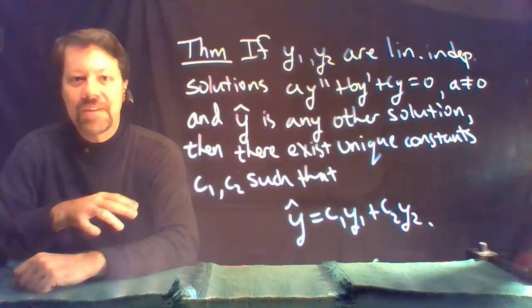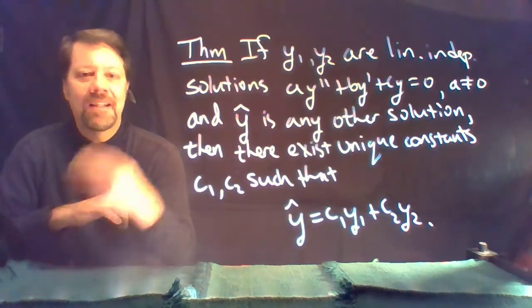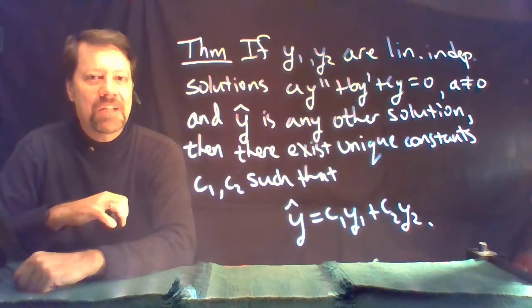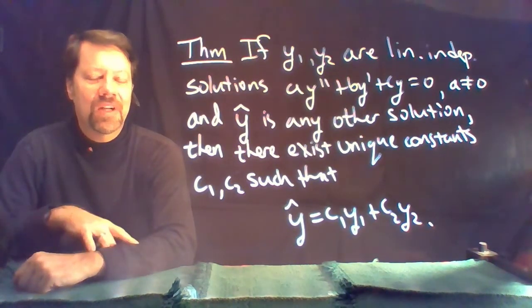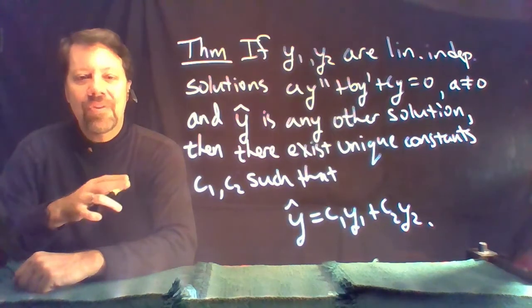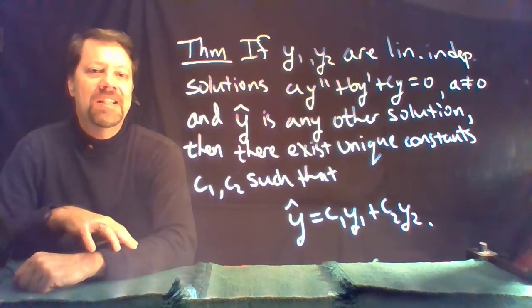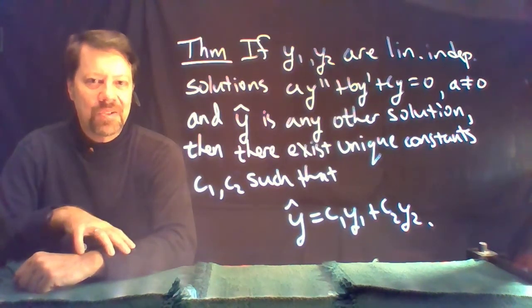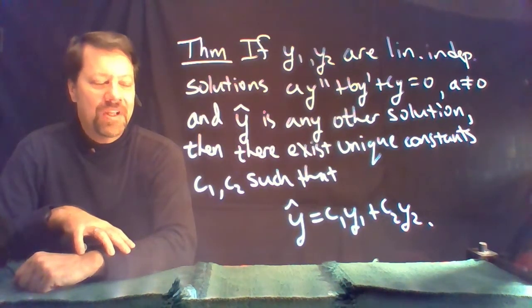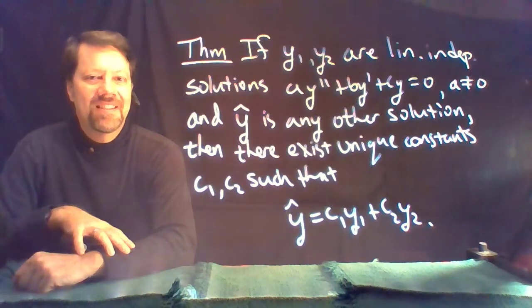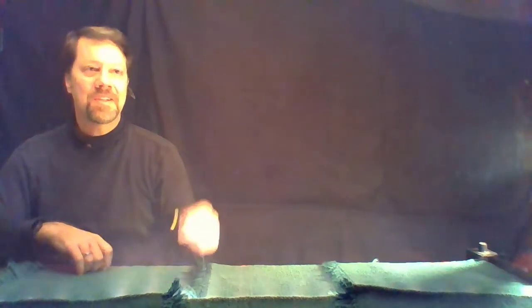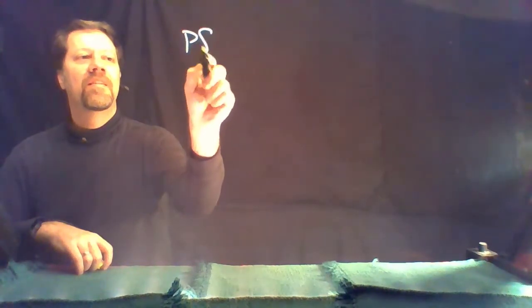More generally, if this were a third-order equation, it would take three linearly independent solutions to construct all of the rest. If this were an nth-order equation, it would take n linearly independent solutions to construct all solutions. If you get two, you've got them all. This is exactly what we need. This being such an important theorem, we better give the proof.